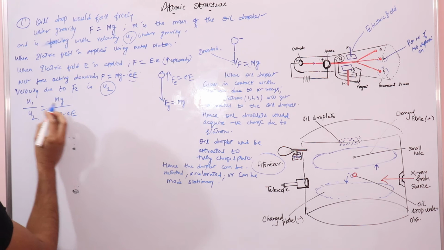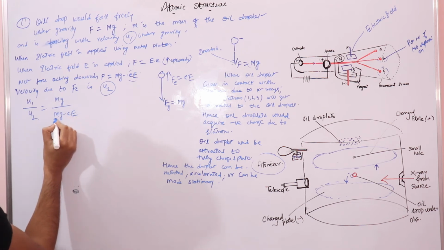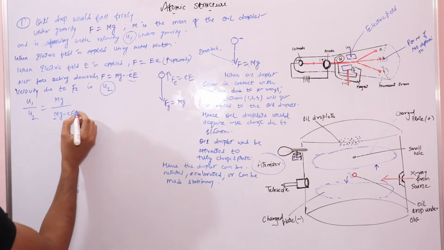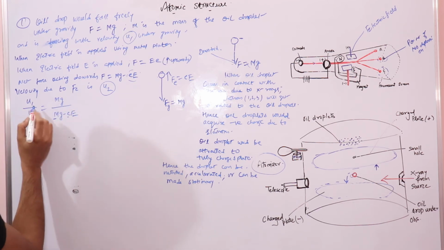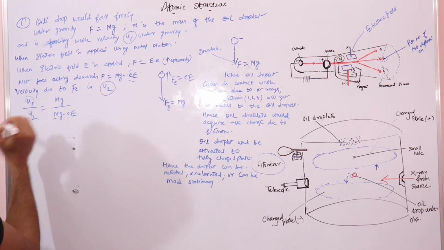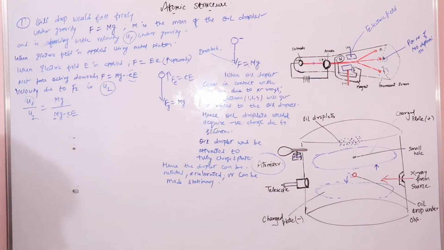So if we know the mass of the oil droplet and the electric field, we can find the charge, and also if we know the velocity of the oil droplet.